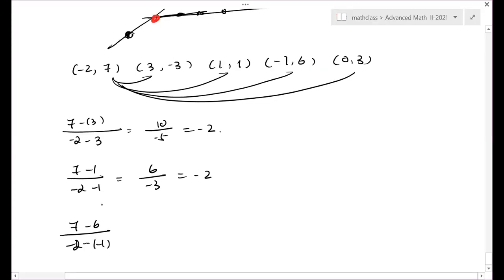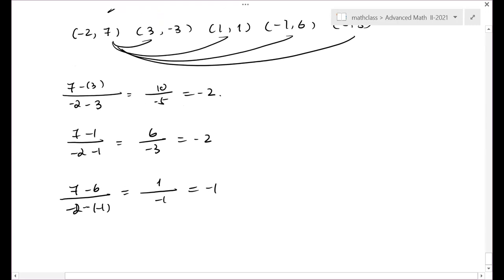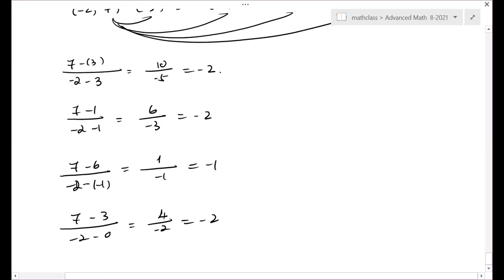That will be 1 over -1, so it's -1. Let's do one more: 7 minus 3 over -2 minus 0, so it's 4 over -2, which is -2. Clearly, that's the second situation when you choose a point.